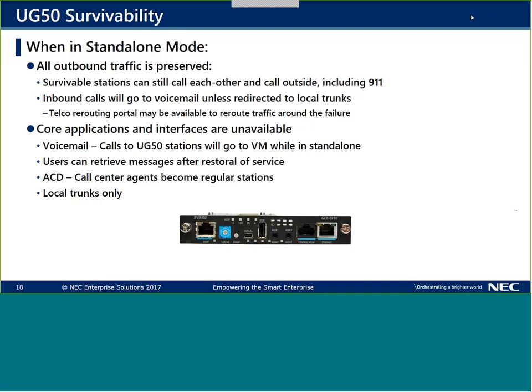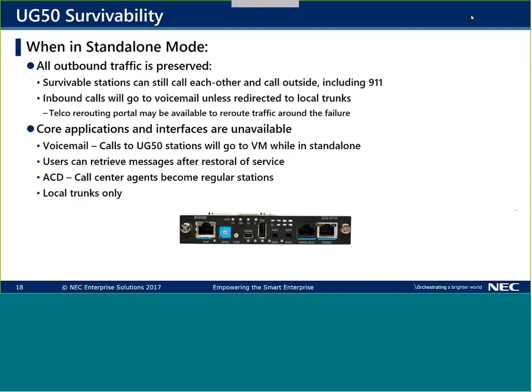And you could actually route a group of numbers to go out to the public network and come in the back door, if you will, of the UG50, perhaps on a PRI. So there's a lot of different things to consider here. We give you the tools, but it's important to lay out how you actually want the system to operate. That kind of tells you how it should be configured.